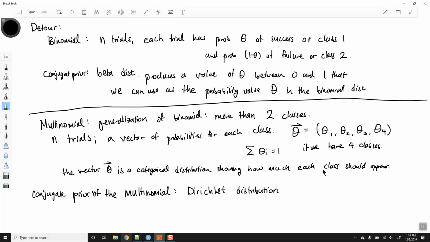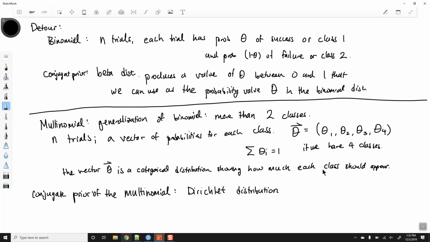It depends: you've got Dirichlets that can produce vectors of length 4, length 50, length 1,000, depending on how many classes you have in your multinomial distribution. If you have a 6-sided die, your Dirichlet distribution will produce a vector theta of length 6.